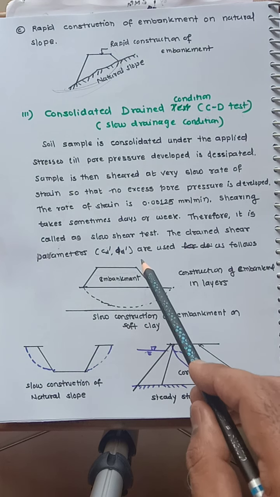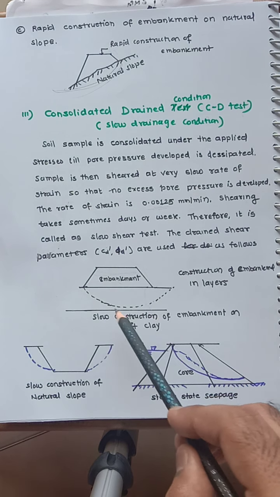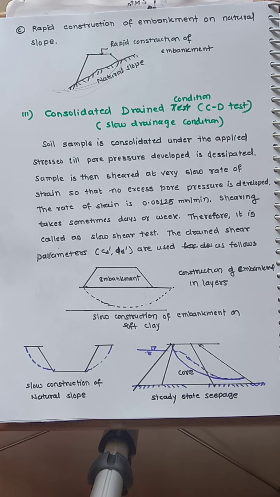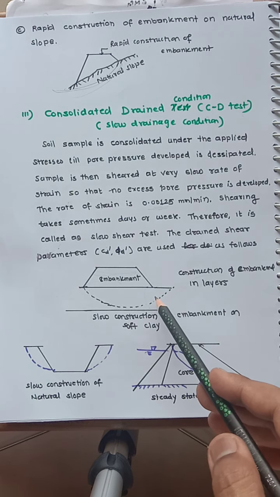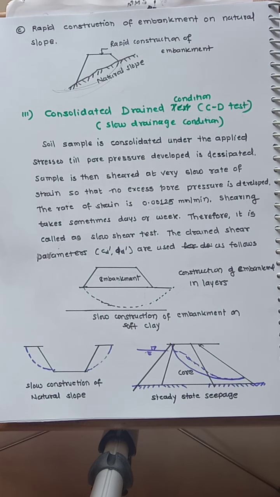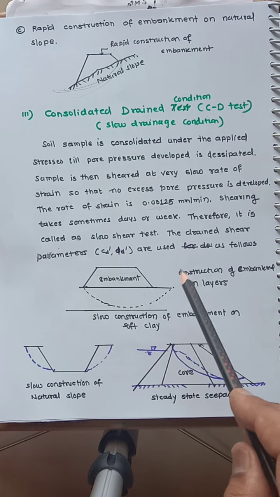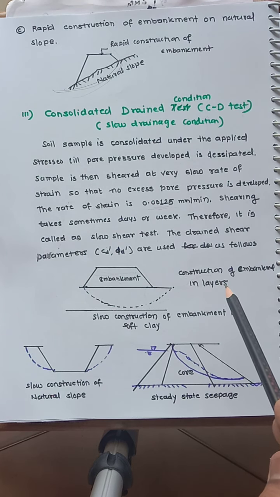It means the rate of loading and the rate of drainage of water are maintained, so no extra pore pressure is allowed to develop. So here CD shear parameters are used, called c suffix d, phi suffix d.